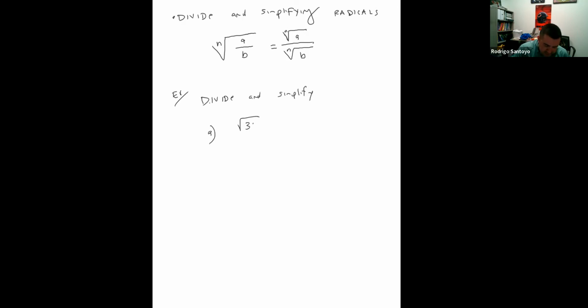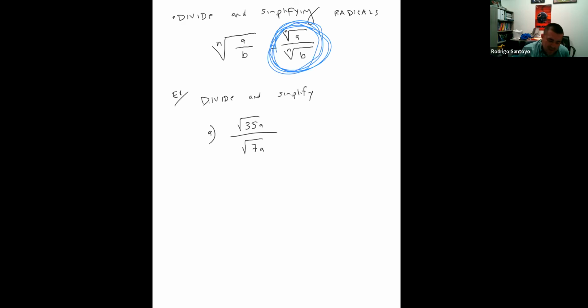Square root of 35a over square root of 7a. So if we take a look at this example here, it kind of looks like this side, where we have 2 radicals.